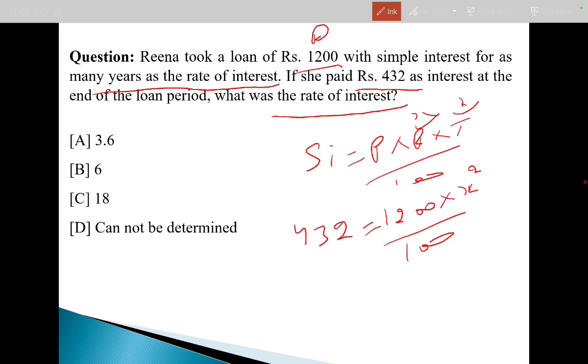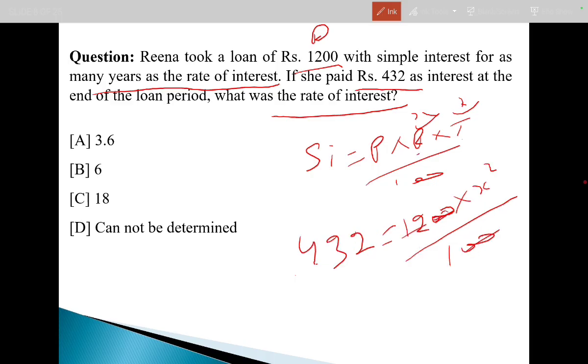So what will be the rate of interest in this case? You can cross multiply or directly arrange it. So 12 divided by this value, x square will be 36. If x square is 36, what will be the value of x? 6. So the answer will be 6 in this question.